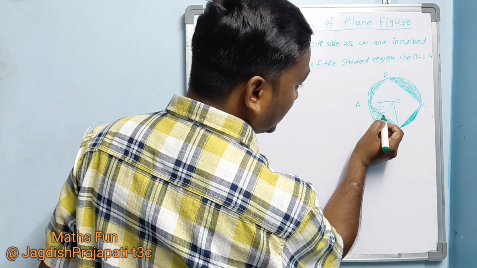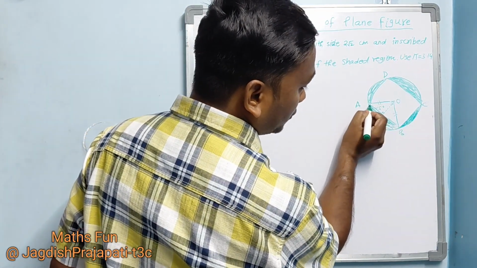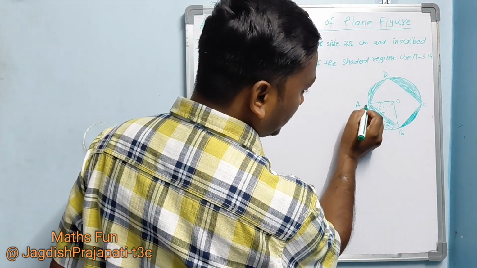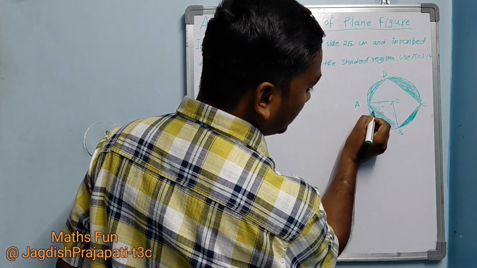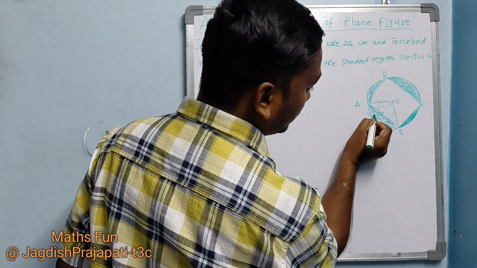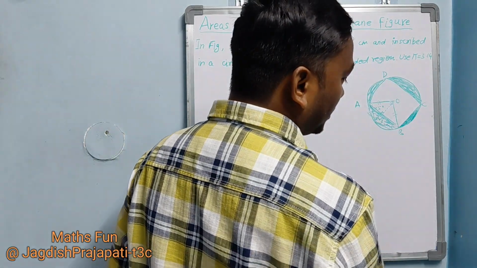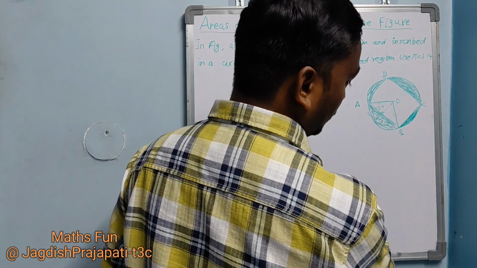And this is 2 root 2, so this part will be half of it. Dividing 2 root 2 by 2, this will be only root 2.